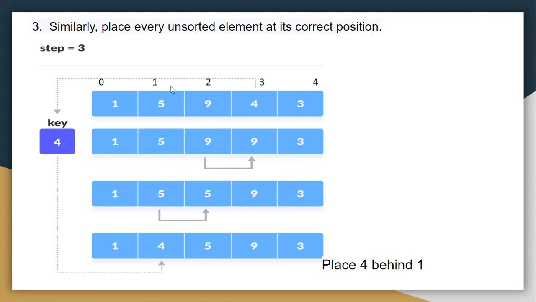Now compare the index 1 value to the key value, and 5 is greater than 4. Now swap the value of 5 with index 2. Now 5 is stored in index 2 and the key value is stored in index 4.